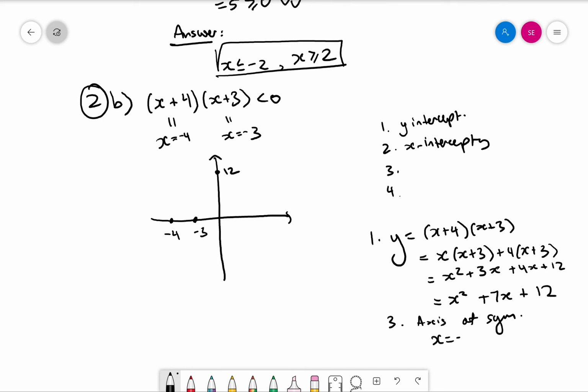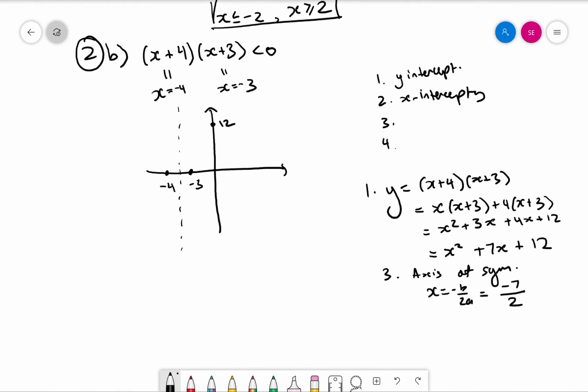So x is equal to minus b on 2a. Minus b is minus 7, and 2a is 2. So our axis of symmetry will be minus 3.5, which is what we expect. And then we can sub that in to find the... I should really write the steps down.